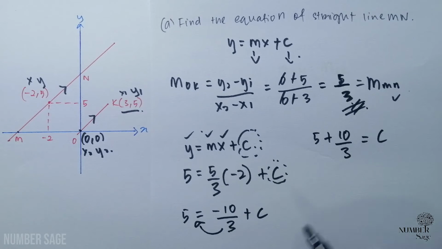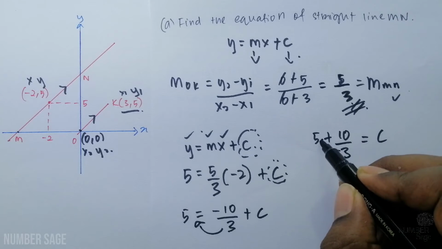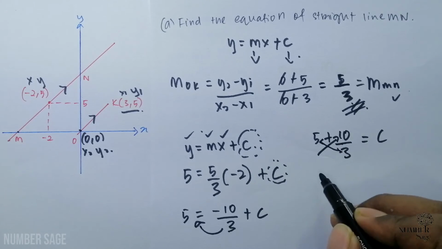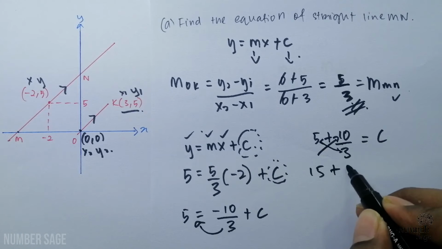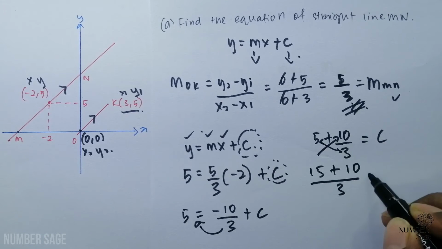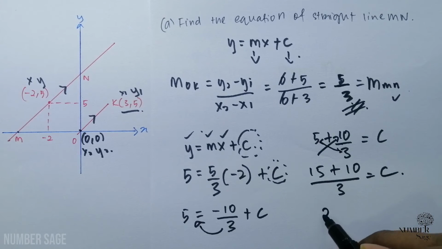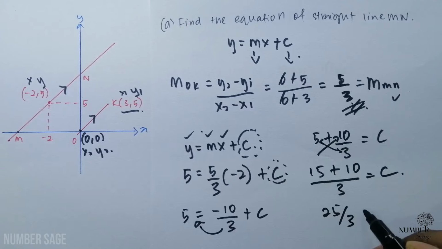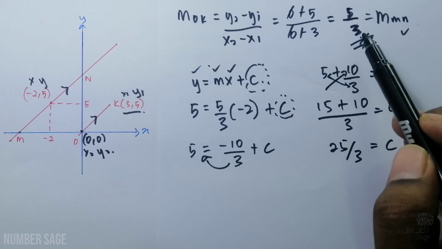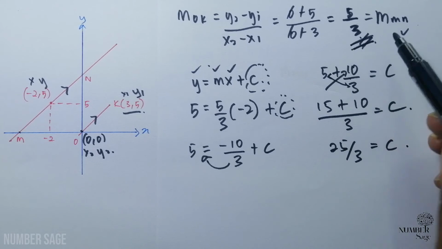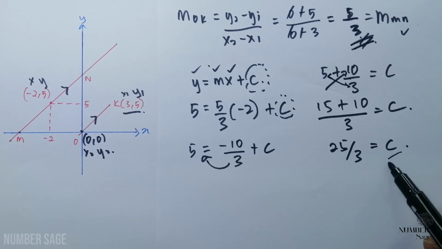Further solving will give us 25 over 3 equals c. So now we have found the gradient. We have also found the y-intercept value.